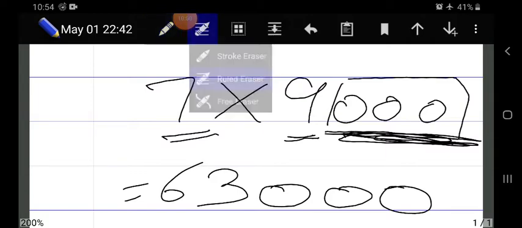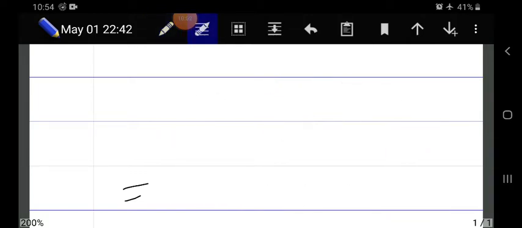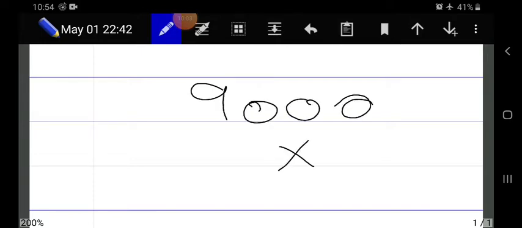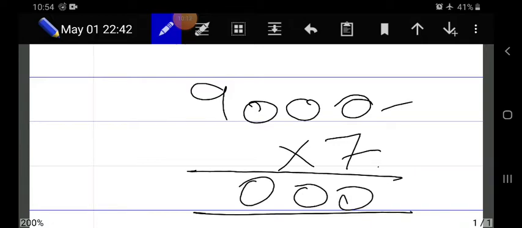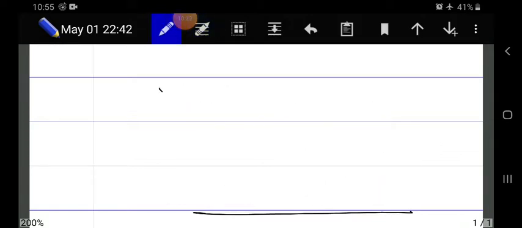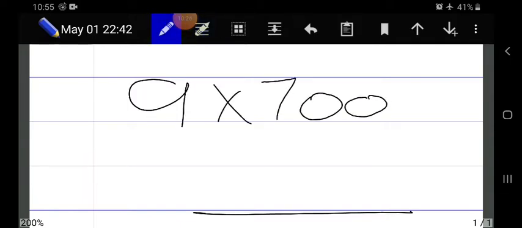No need to write like this, 9,000 multiply by 7. Now 7 zeros are 0, 7 zeros are 0, 7 zeros are 0, and 7 nines are 63. This is also correct, but this is a long method. You can do it in just a simple way: 9 multiply by 7,000.